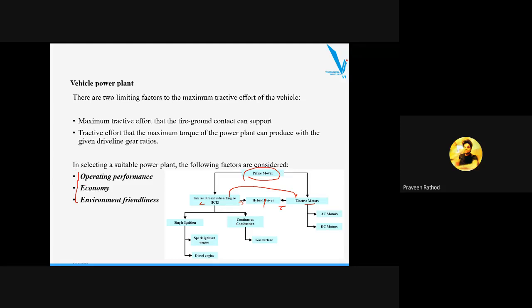Also, it depends on the torque and on the speed. What kind of drive you are using depends on the torque as well as the speed of the vehicle. If you see the actual vehicle power plant, you can see it over here.